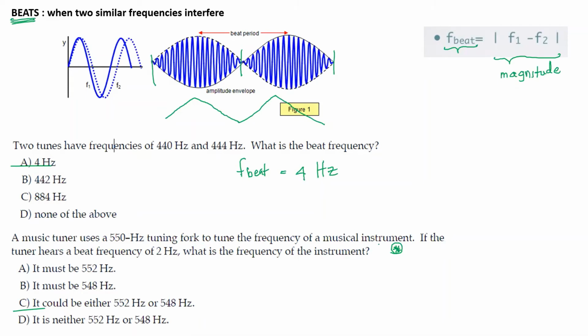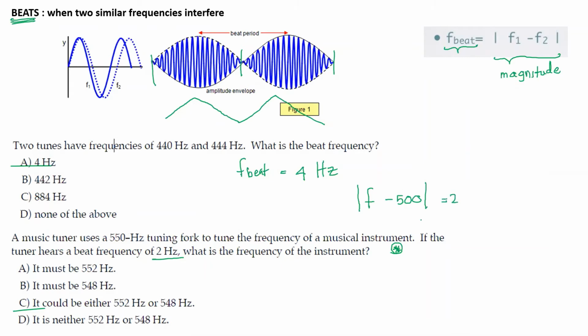Second one. They use a 550 tuning fork to tune a musical instrument, and when it is tuned, the tuner hears a beat frequency of 2 Hertz. That means the difference between the frequency of the musical instrument and the tuning fork is 2, right?